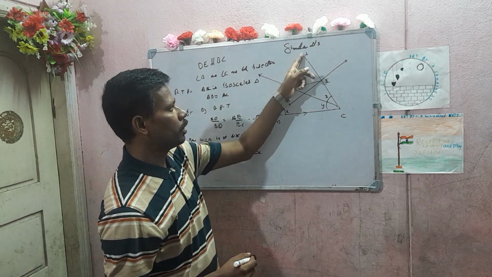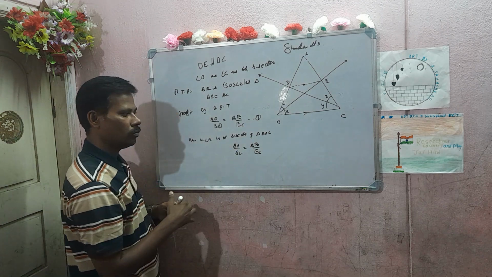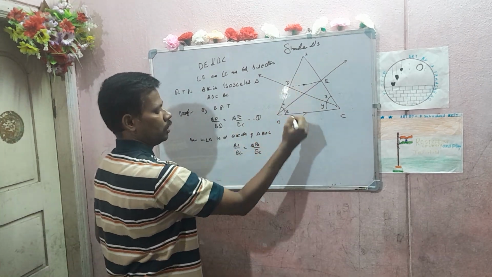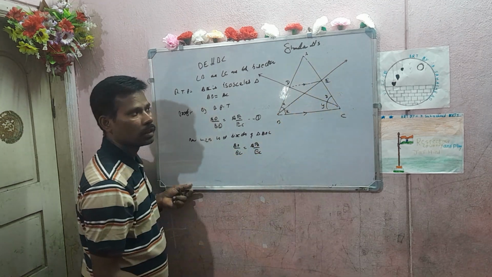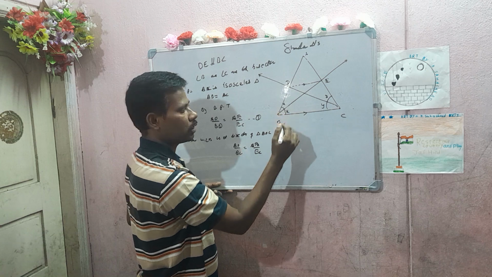Or you can write BA by BC is equal to AE by AC. Makes no change. Start from here using the vertical angle bisector theorem.